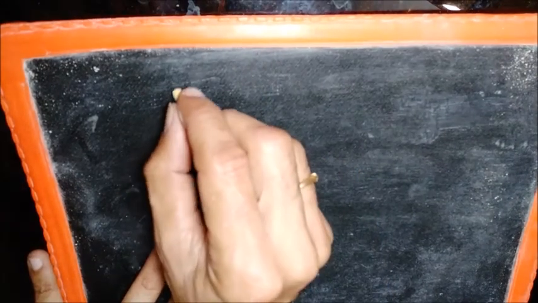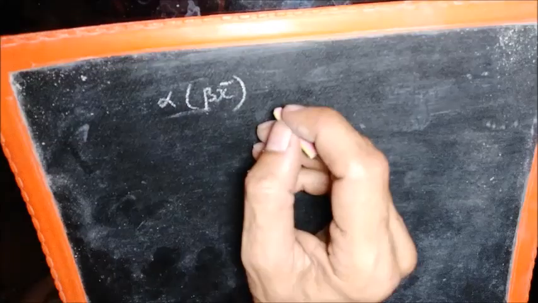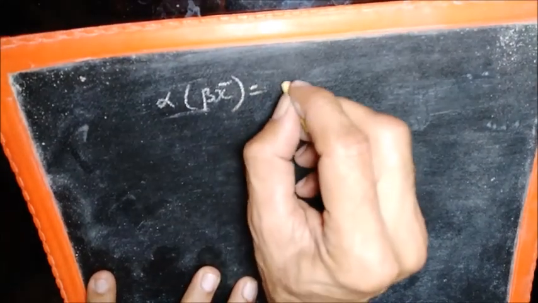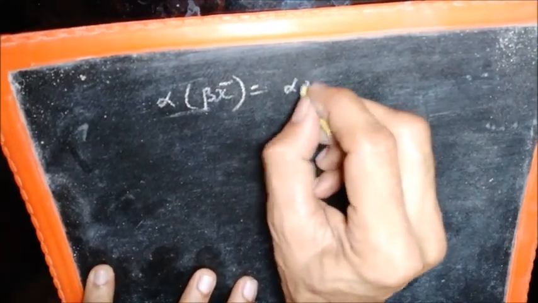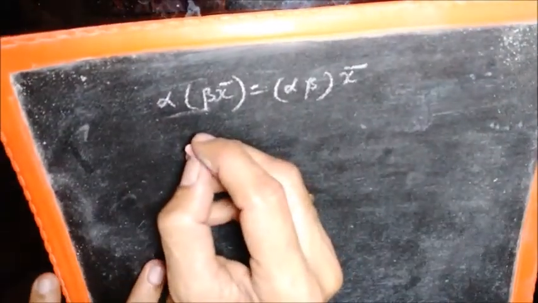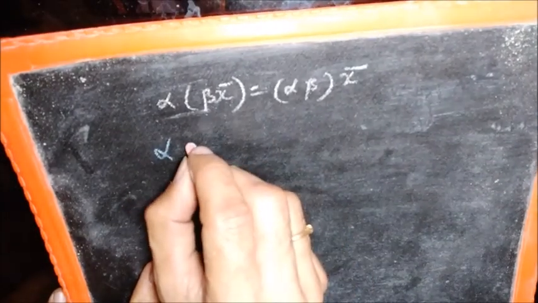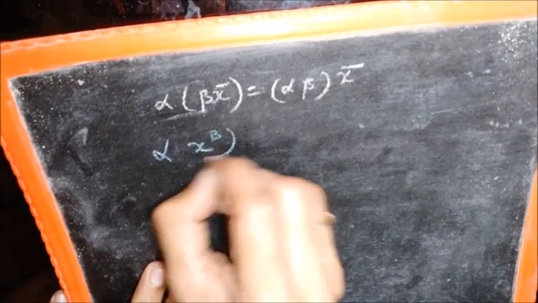Moving on, the next property is alpha into beta x, which has to be equal to alpha beta into x. This is the grouping property. Beta x will be x raised to beta.